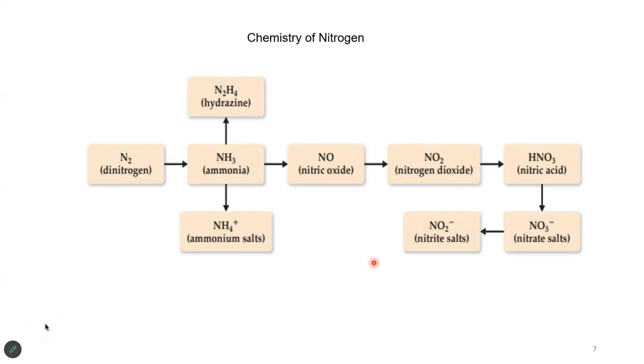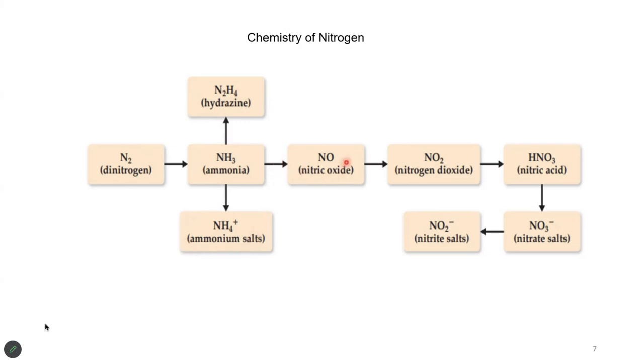Here I show you a slide with different types of compounds of nitrogen. We say diatomic nitrogen is inert, but under extreme conditions it reacts, and we see that it forms ammonia, a very important compound for our fertilizer, etc., hydrazine, and then ammonium salts.